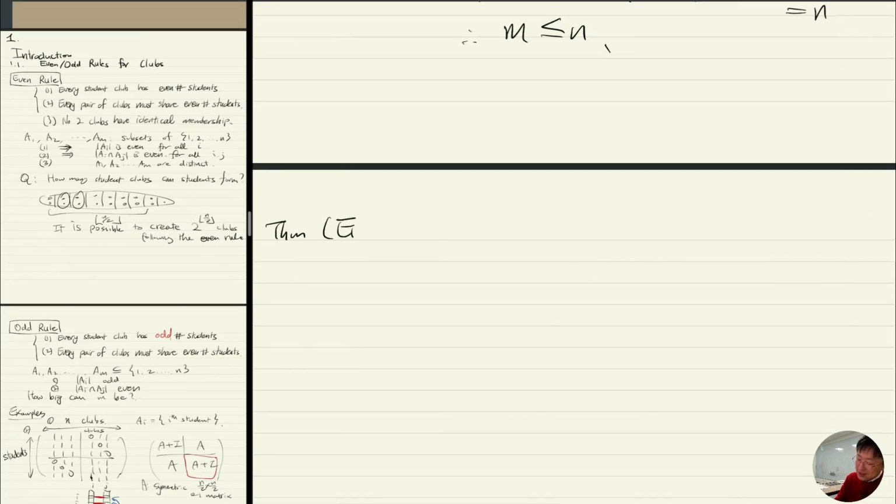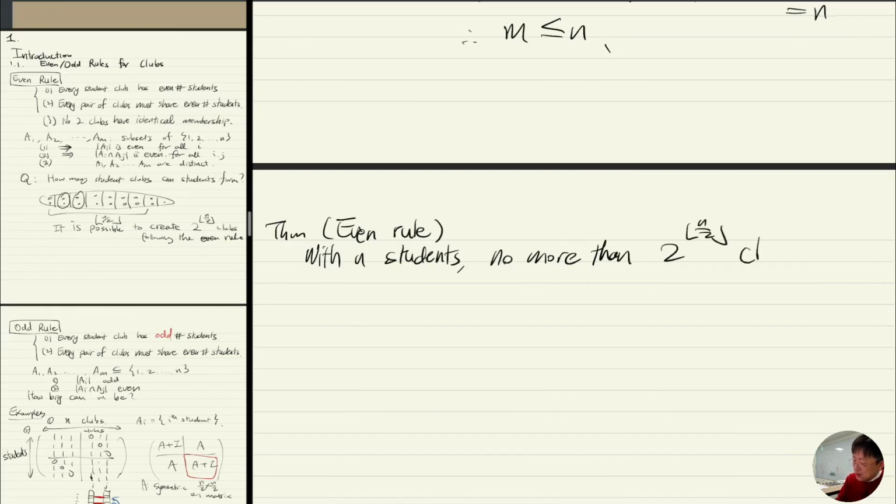And actually, no, this is best possible. With n students, no more than 2 to the n over 2 clubs can be formed under the even rule.